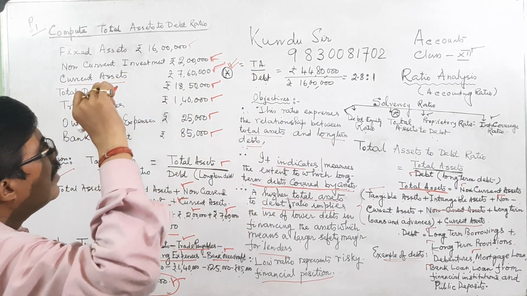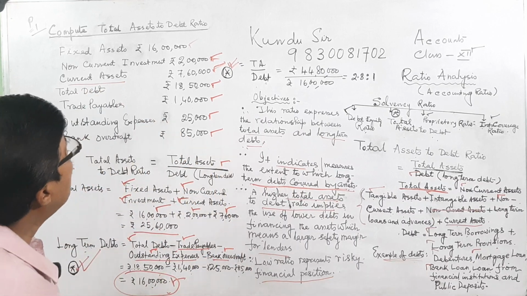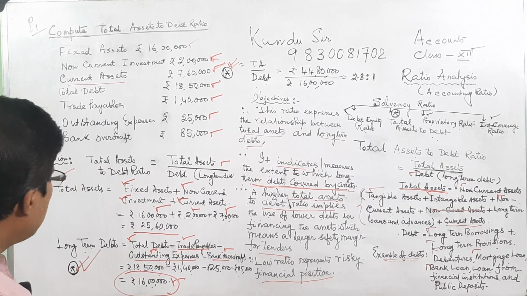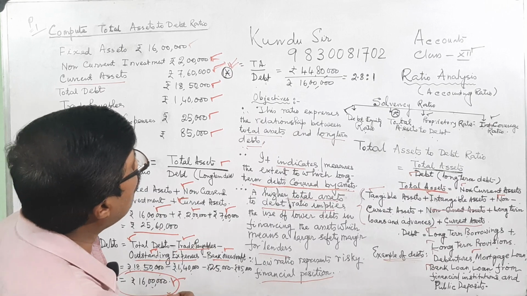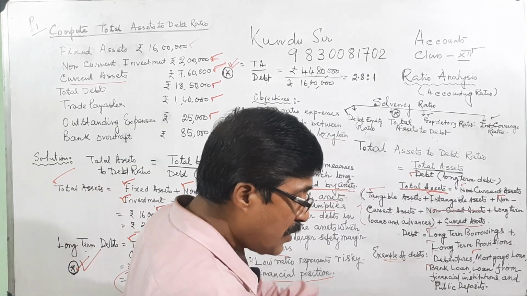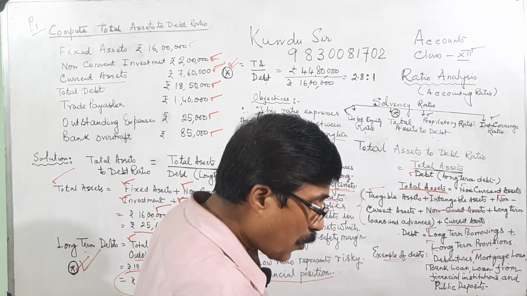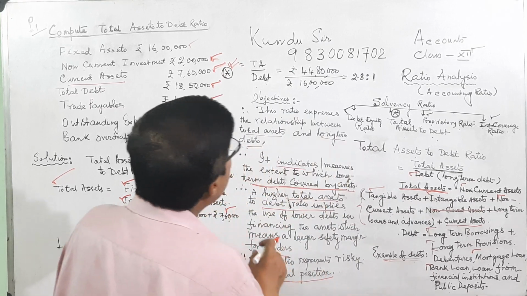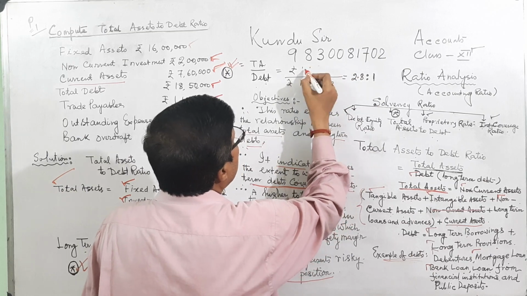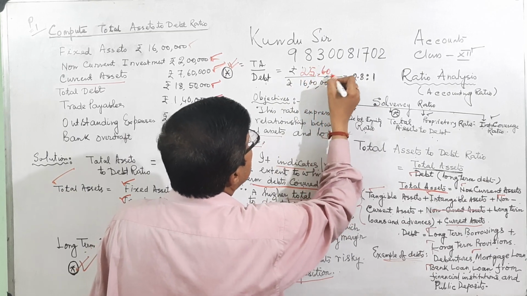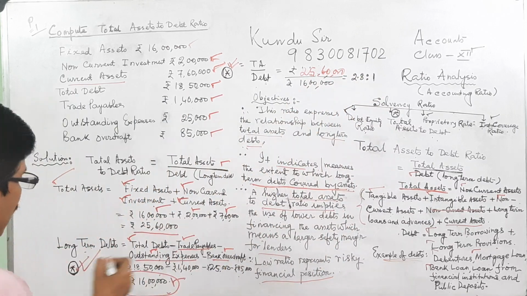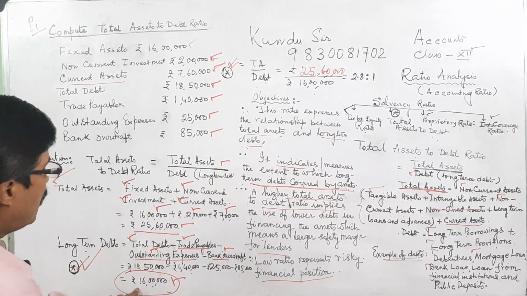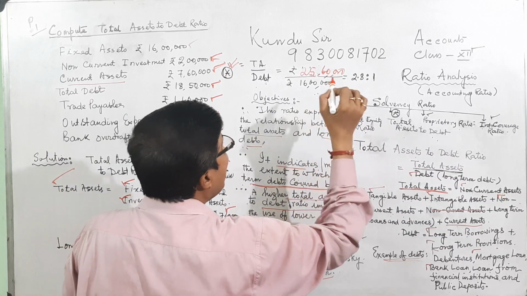Total asset to debt: we have calculated the total asset as 25,60,000. The total asset of 25,60,000 divided by the long-term debt of 9,25,000 gives the ratio 2.8:1.